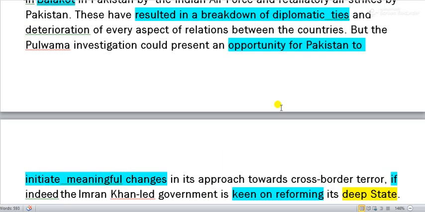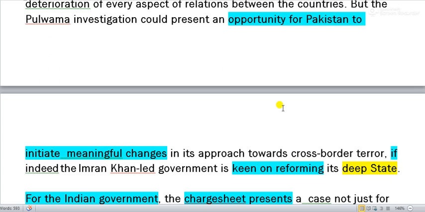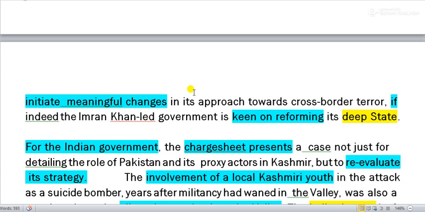See, it says that the investigation done by the Indian organization, the National Investigation Agency, gives an opportunity to Pakistan to look at itself for meaningful changes, not to remain with the untidy behavior, and contain the cross-border terror.